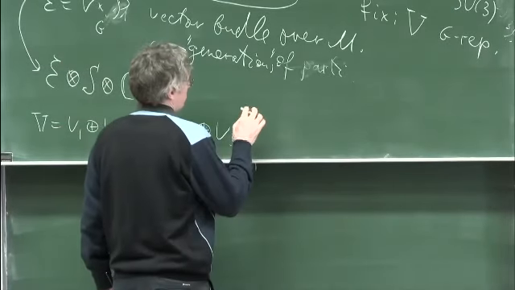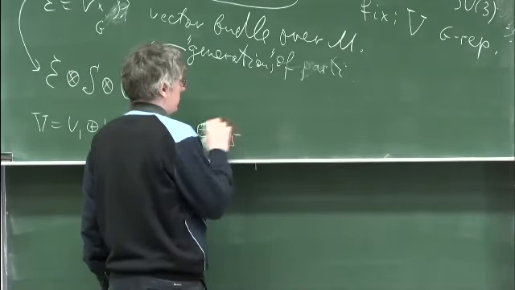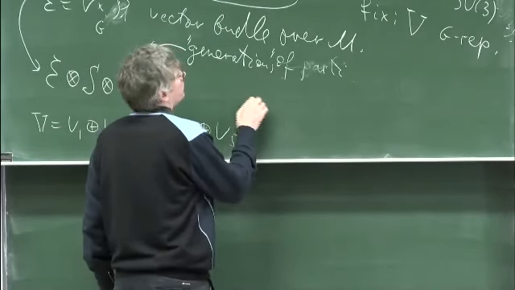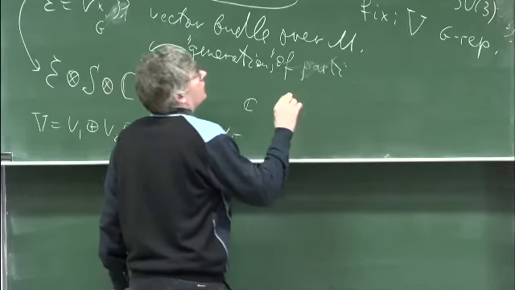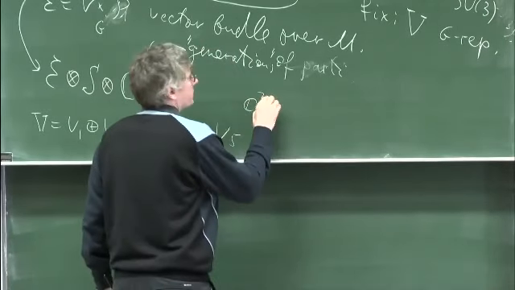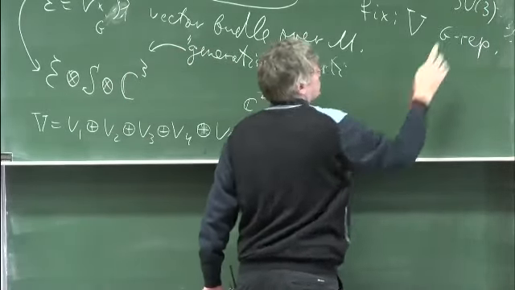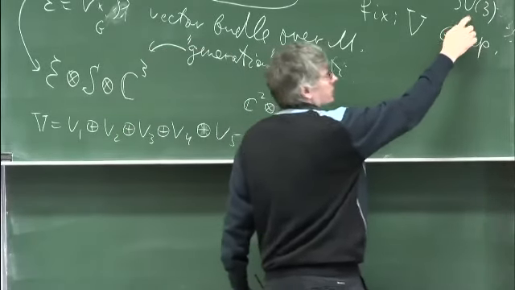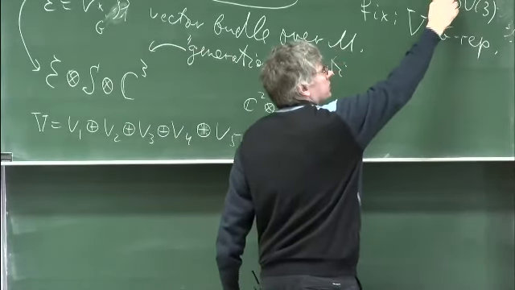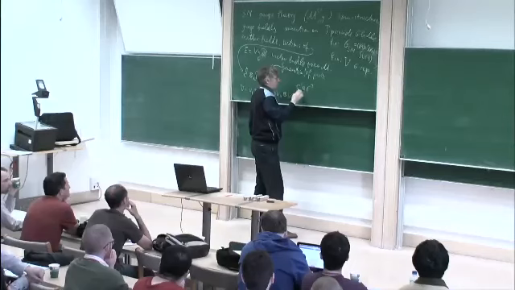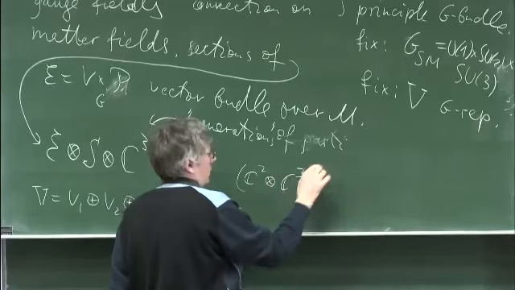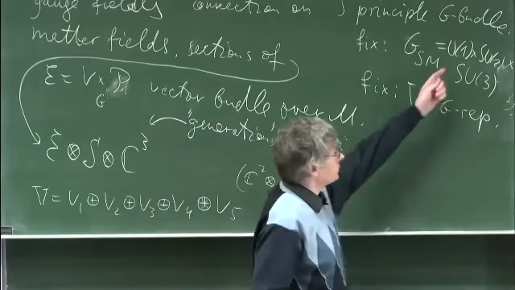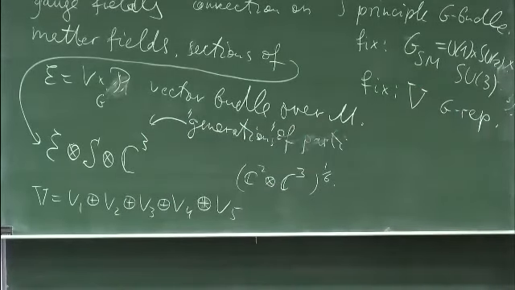For example, this is a representation where I take the standard representation for the SU2 component, tensored with the standard representation for SU3. But for U1, you should take 1/6. So physicists put 1/6 here, meaning that it's actually a representation of a 6-fold covering of this group.